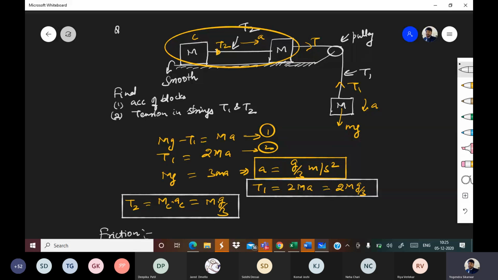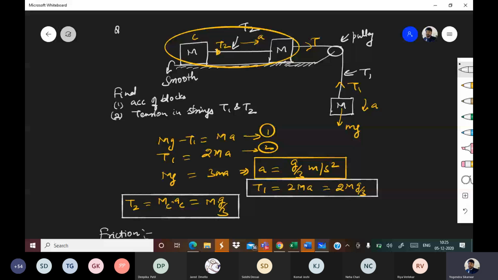So mg, which is hanging, minus T1 is equal to ma, F resultant is equal to ma. After that, for the two masses on the table, T1 is acting on them towards the right, and that is causing their acceleration.